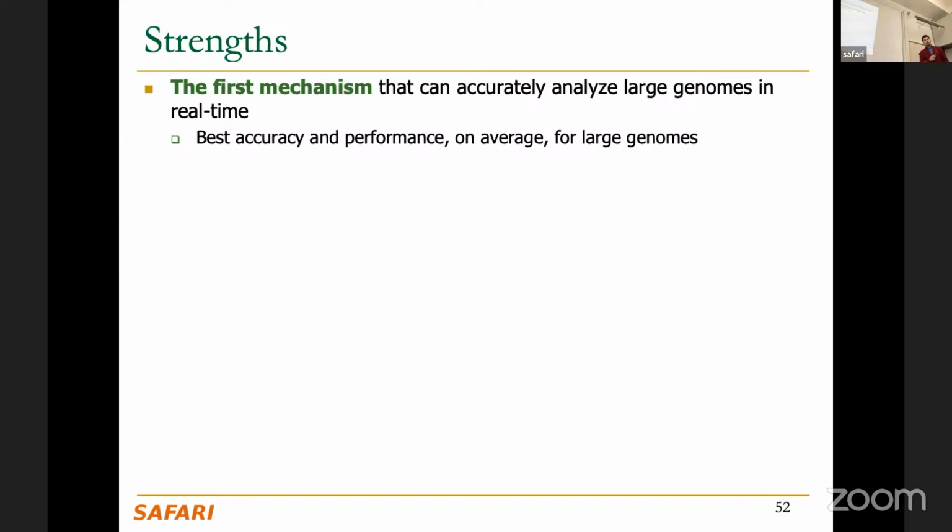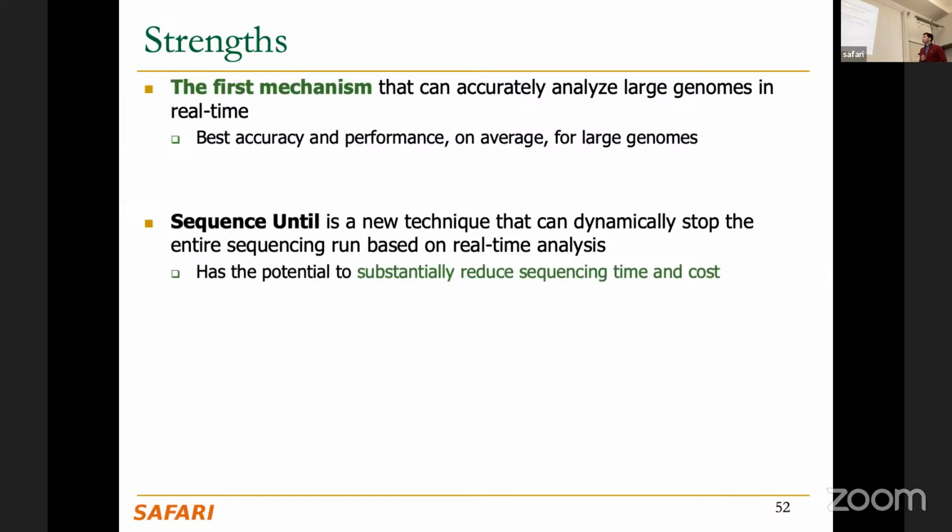There are several strengths of this paper. The first strength is that it provides the first mechanism that can accurately analyze large genomes in real time, and it provides the best average accuracy and performance for large genomes.